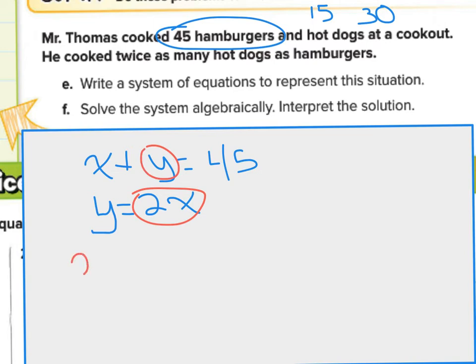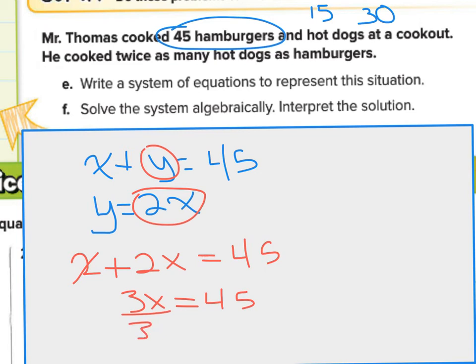So now I have x plus 2x equals 45. Or 3x equals 45, and divided by 3 on both sides, I get x equals 15.